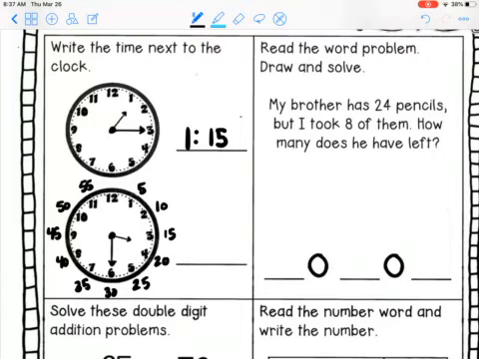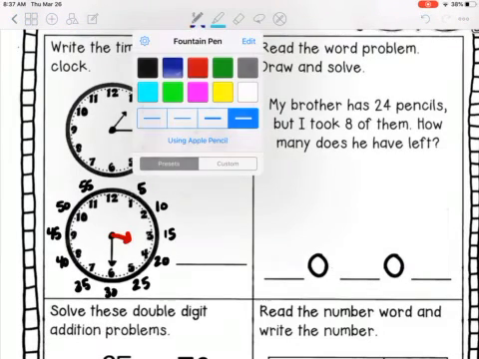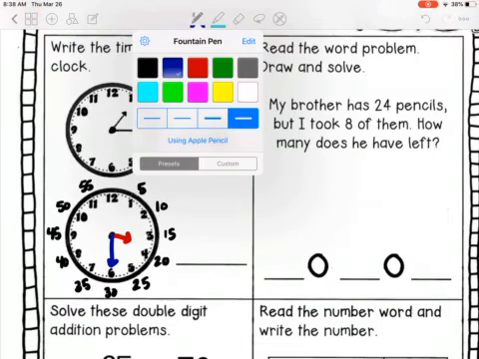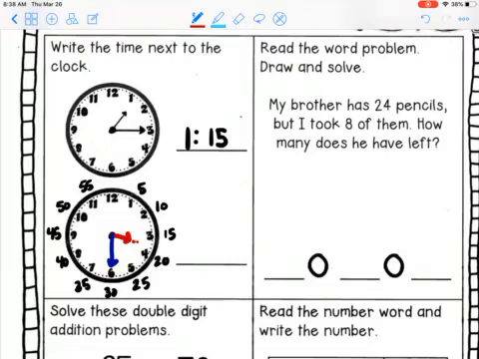And I'm going to do the hour hand in red so you all can see, and then the minute hand is blue. So we want to think about what two numbers the red hand lands between. It's the one that comes first.